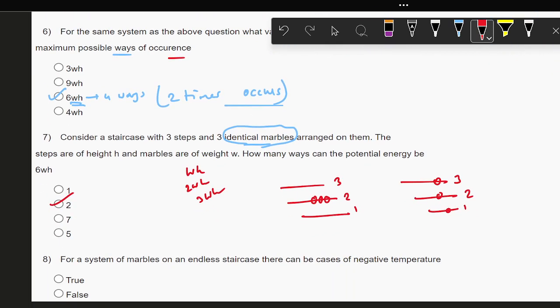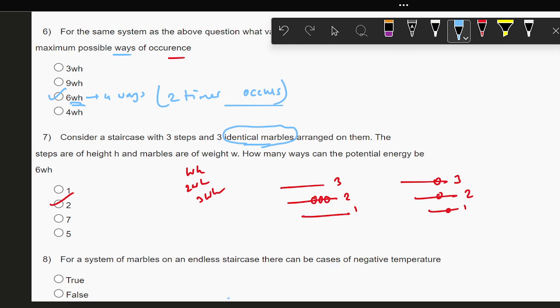Alright. And now the last question of this assignment is question number 8, which asks: for a system of marbles on an endless staircase, there can be cases of negative temperature, true or false.